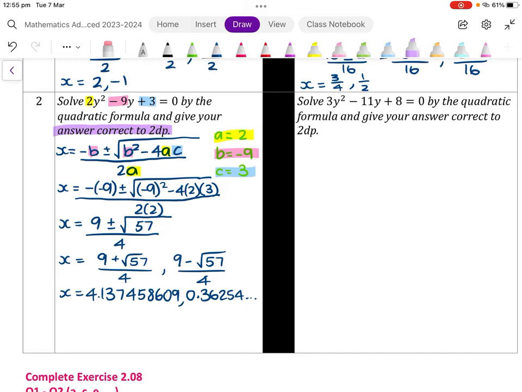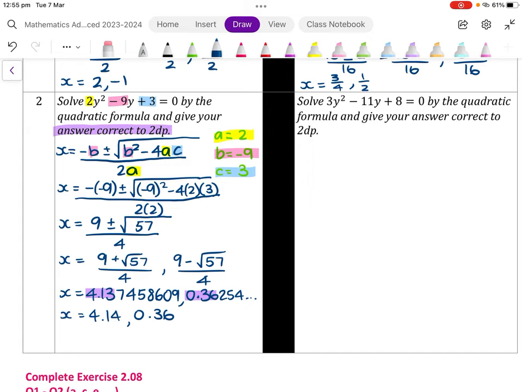And so because we've been asked to answer to 2 decimal places, our answers are x equals 4.14, because the 7 rounds up the 3, and 0.36.